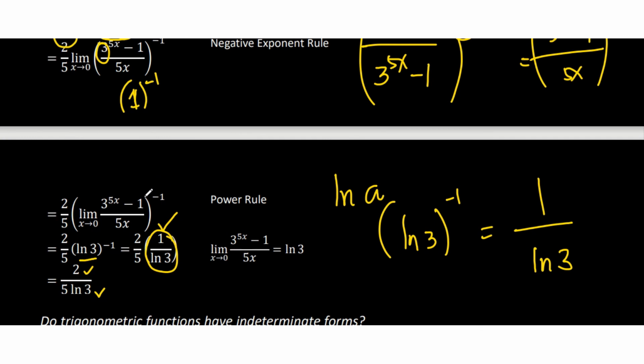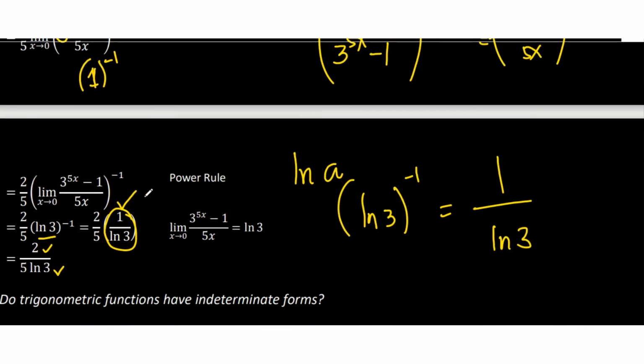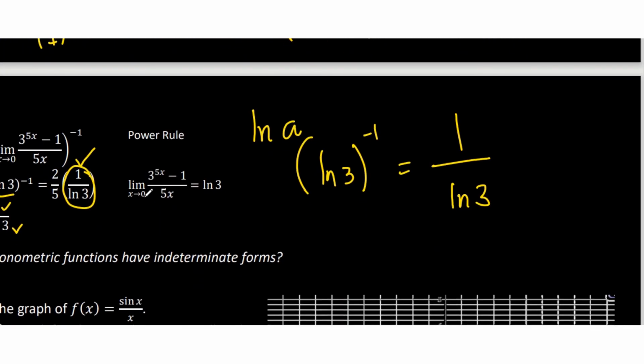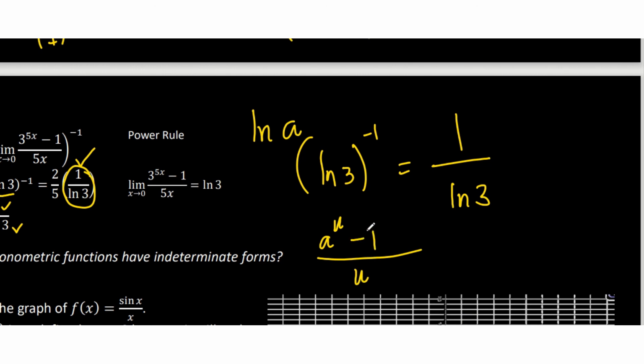Now, in solving for exponential limits and indeterminate limits, we just need to always remind ourselves that ang kailangan mong gawin dito, kailangan mong magkaroon ng same expression dun sa exponent ng a at saka yung nasa denominator, u, as u approaches 0.